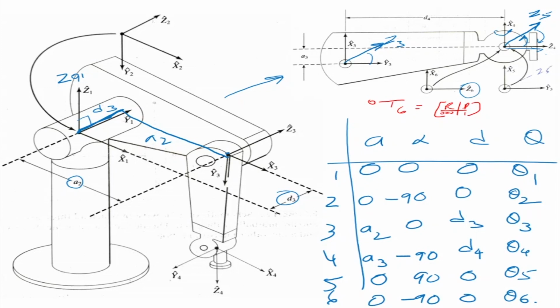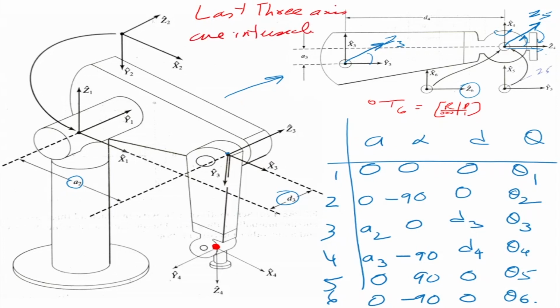So here is something that we note in this manipulator: after axis number 4, which is here, there is no change in A or D. Why? Because the last three axes are intersecting. So please note that the last three axes are intersecting. Okay, so this is something that we need to note here.